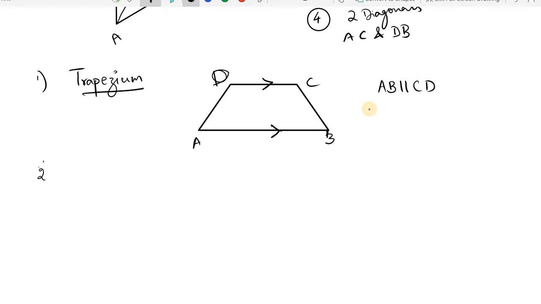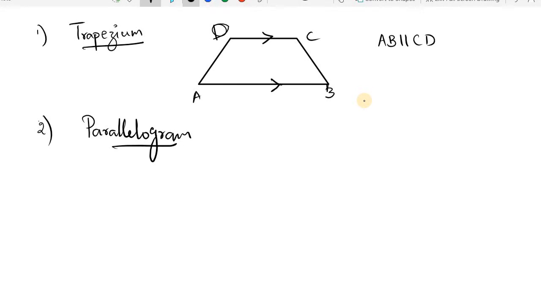Now let us look at the second type. The second type is something we call a parallelogram. So what is a parallelogram? A parallelogram is a quadrilateral in which both pairs of opposite sides are equal.